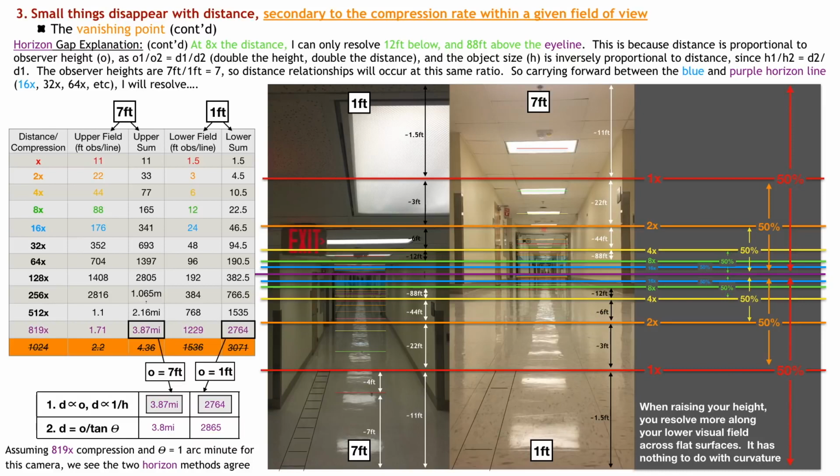So when you look at a photograph in perspective, you can take whatever distance you have for the first 50% of vision, and you can keep halving it, and you will double the amount of information that is in each subsequent half.